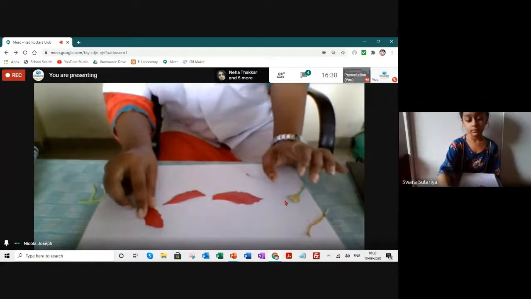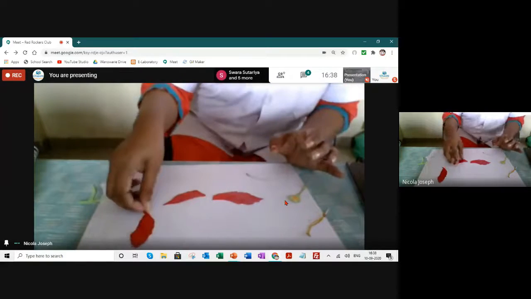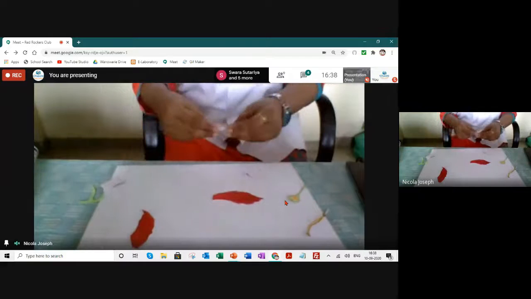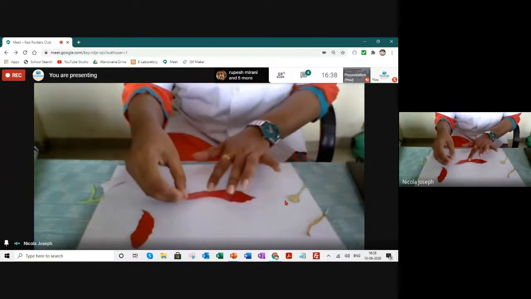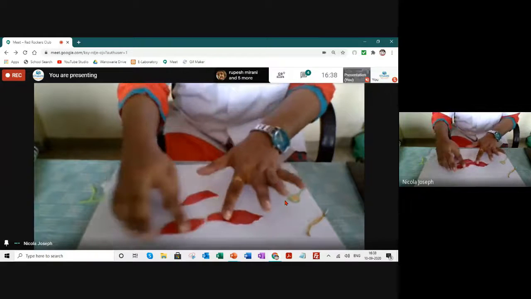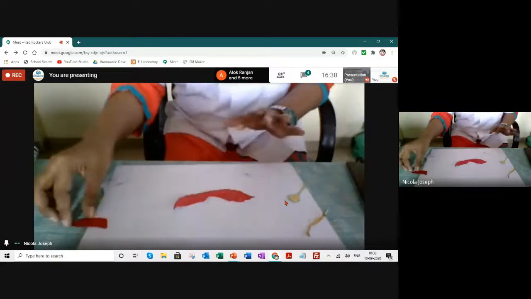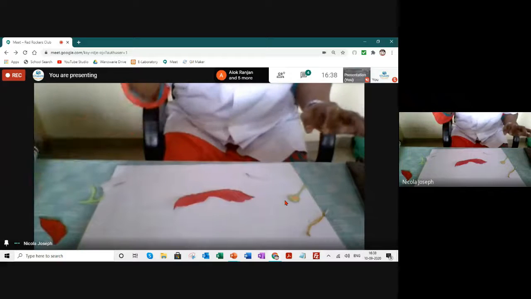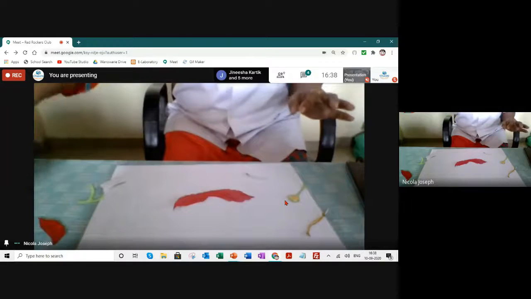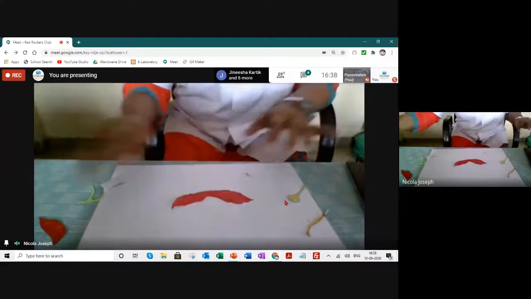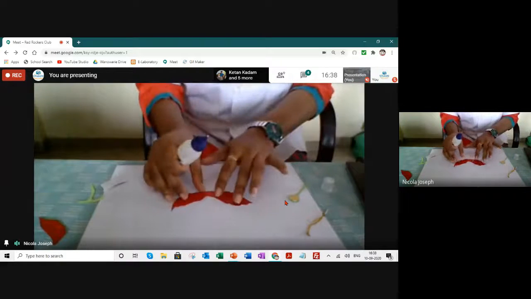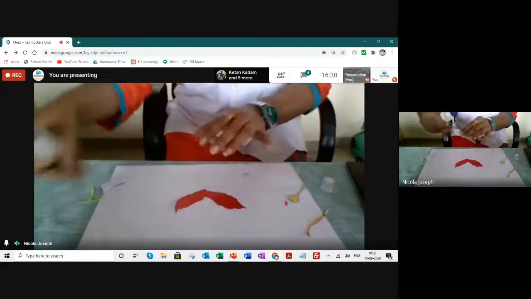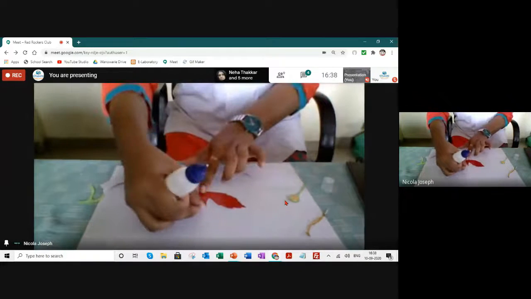So what you all will do is you all will paste these petals. Two petals you all will paste like this, and one petal you all will paste on the top, like this.